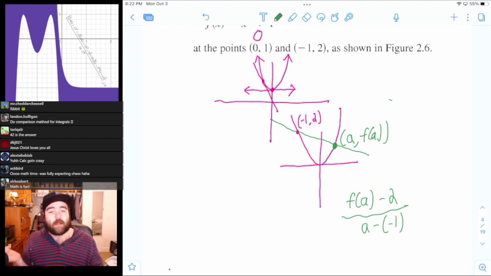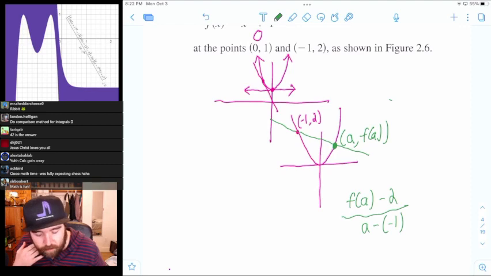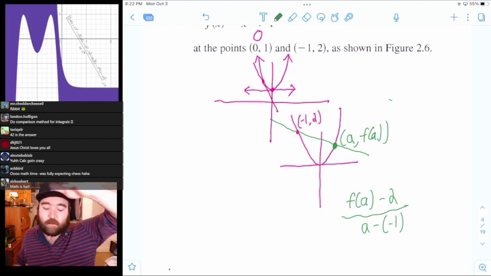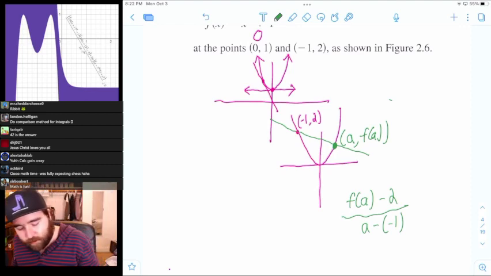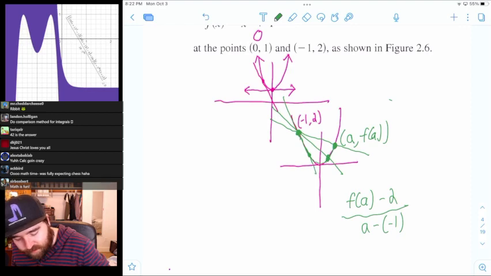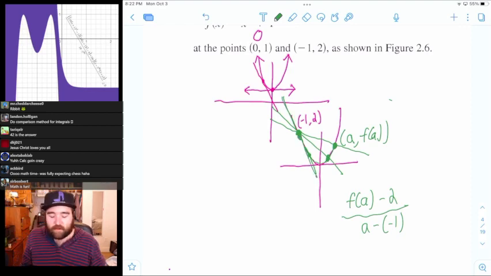But then how do we get calcy with it? How we do it in calc is because we don't want that between the 2 points. We want to see what happens as we drag that point closer to this point. Because see, as we drag it closer, we get that line, we drag it closer, we get that line, and by the time they're directly on top of each other, we basically just have the tangent line.